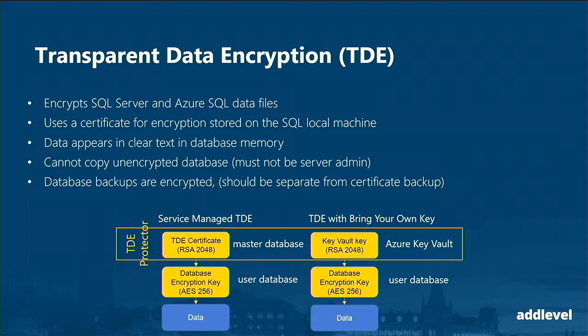What you have to know then is that, of course, the data will appear in clear text in the memory of the server. But I won't be able to sort of copy the database out. So typically, if I would do an SQL backup, that backup will be encrypted, and you can feel sort of you covered the scenario with the backup operator having access to the data.